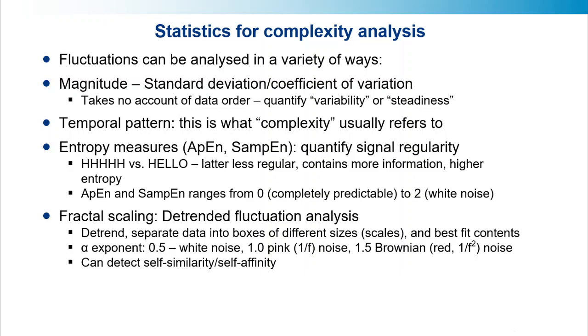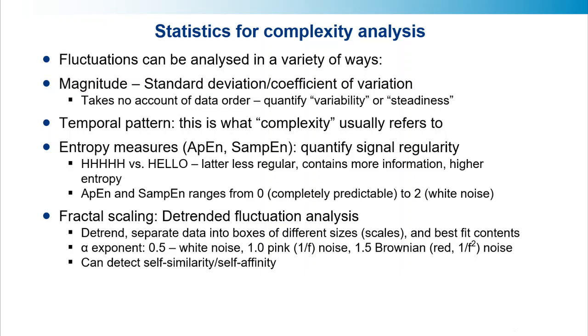Then you have a plot of a series of best fits, and you fit a line through that, and you produce an alpha exponent. If that alpha exponent is 0.5, then that is white noise. If the alpha exponent is around 1, then you're looking at pink noise. And if it is around 1.5, then you're looking at Brownian or red noise. And what this can do, as I've already said, is detect self-similarity or self-affinity.